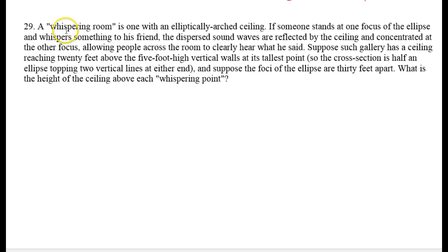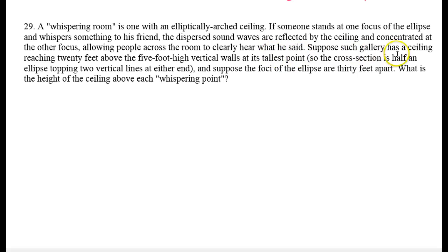Number 29, a whispering room is one with an elliptically arched ceiling. If someone stands at one focus of the ellipse and whispers something to his friend, the dispersed sound waves are reflected by the ceiling and concentrated at the other focus, allowing people across the room to clearly hear what he said.